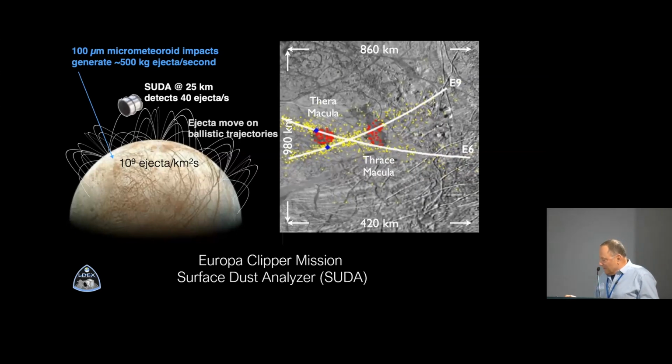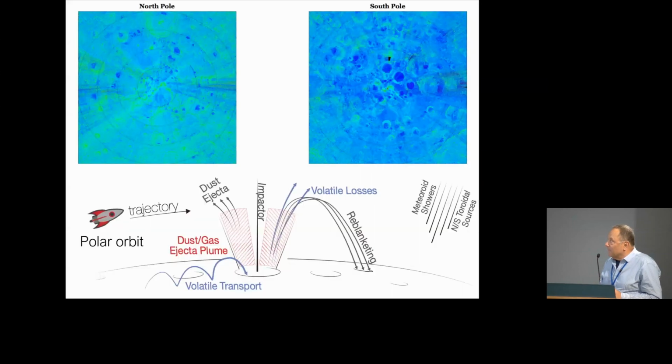So as the various trajectories fly over the surface, you could trace back the particles, and that instrument, which I will show in a second, will tell you the composition, in some cases even the isotopic composition, of every single particle that hits the instrument. That is in fact a small sample from the surface. Altogether, you will then generate a surface map of what's making up the surface of Europa.